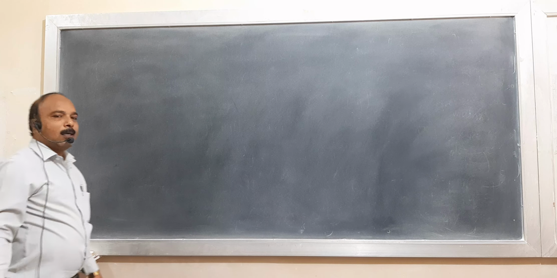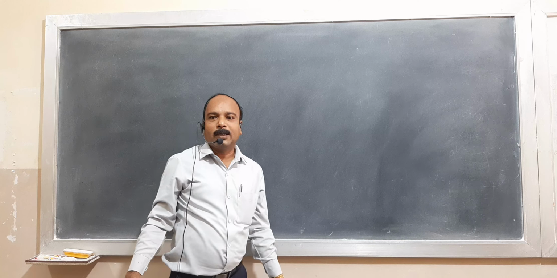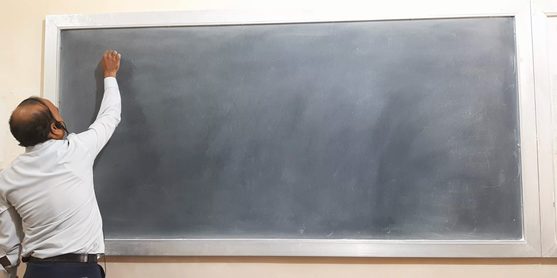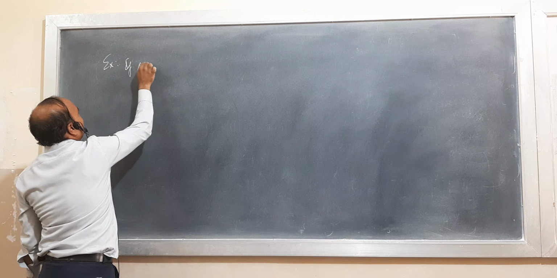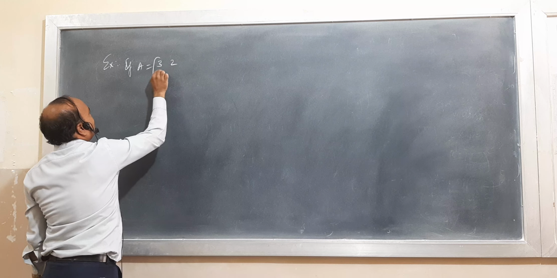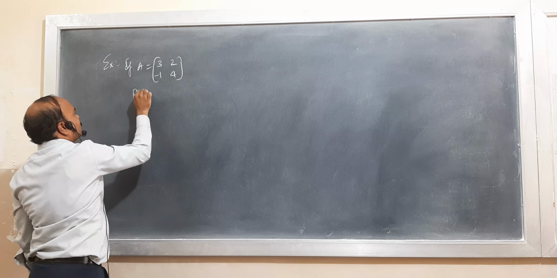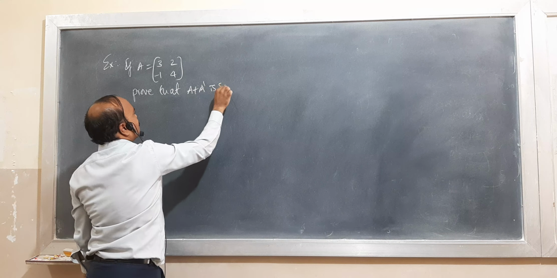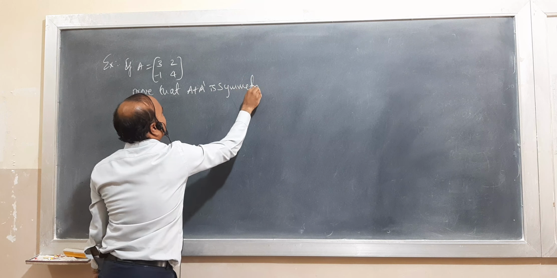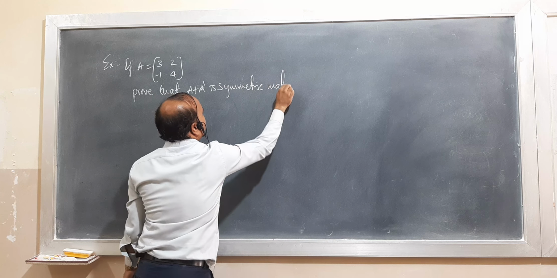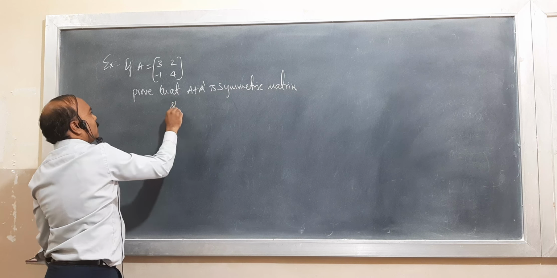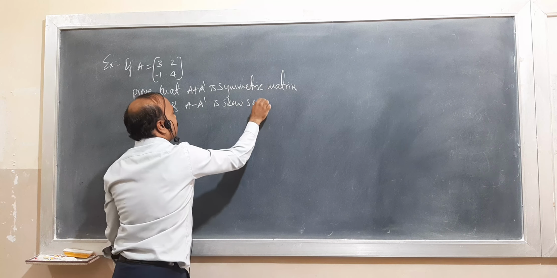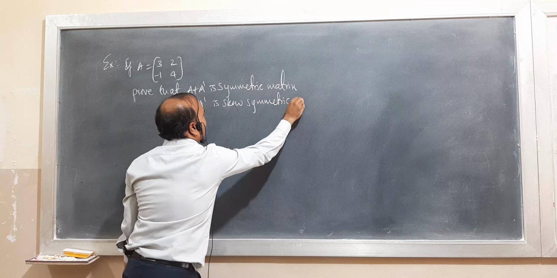Now we defined what is symmetric matrix and skew symmetric matrix. Now I go for some of the examples on that one. Example, if A equal to 3, 2, minus 1, 4, prove that A plus A dash is symmetric matrix and A minus A dash is skew symmetric matrix.